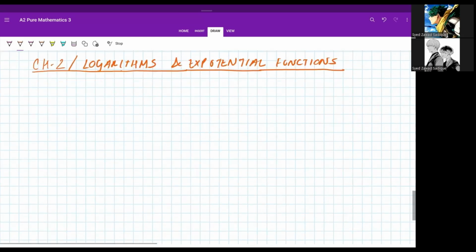Now, this chapter is very straightforward. The questions that you get are usually 3 to 4 marks, and you are only to use the formulas that I'm going to give you in order to find values in terms of ln or in three significant figures. So let's get started.